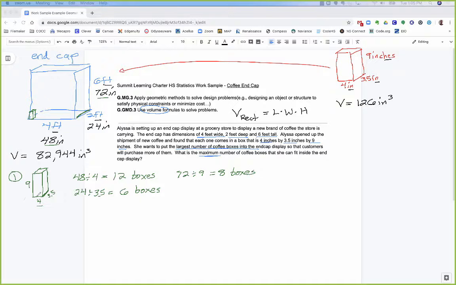So if I align it in this configuration, I can fit 12 boxes wide, 6 boxes deep, 8 boxes tall. That's going to be 12 times 6 times 8. How many total boxes will we fit? 12 times 6 times 8 on my calculator. We get 576 total boxes.